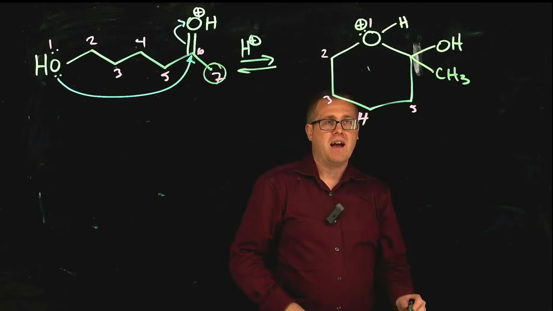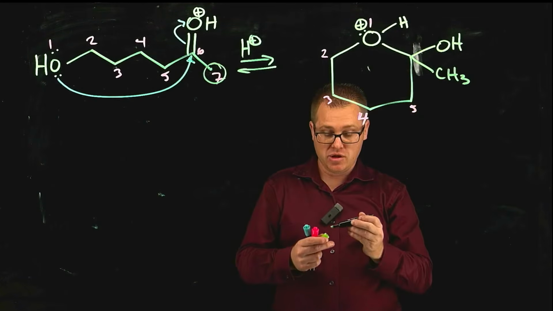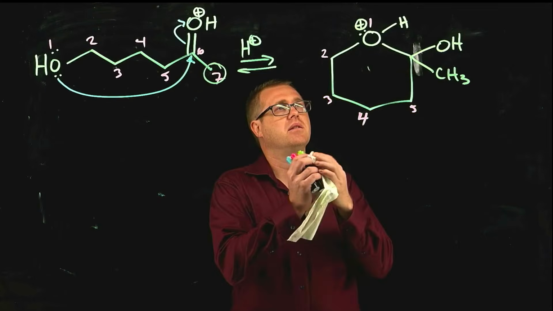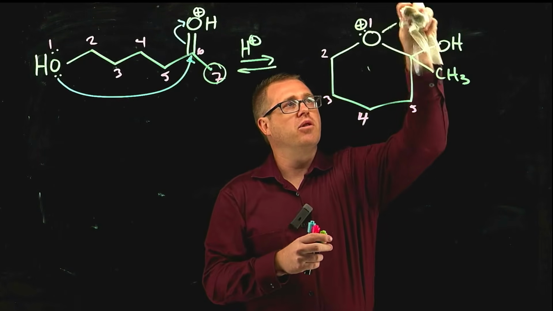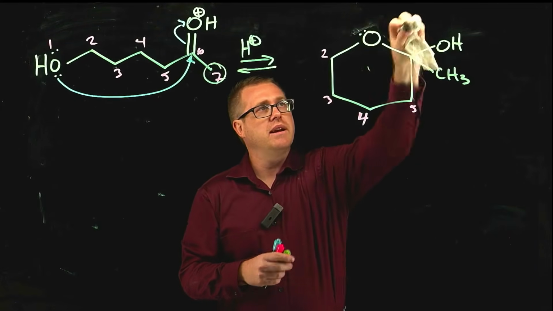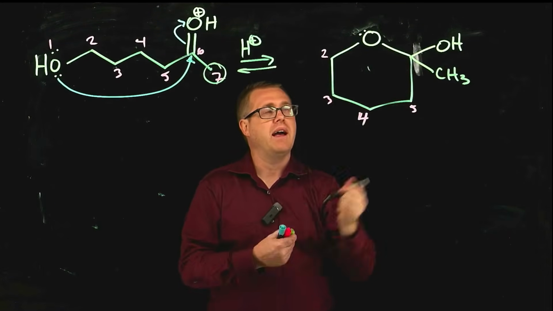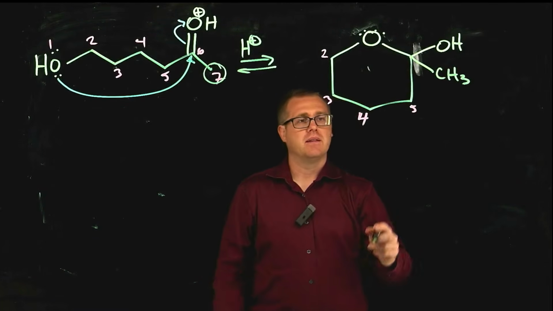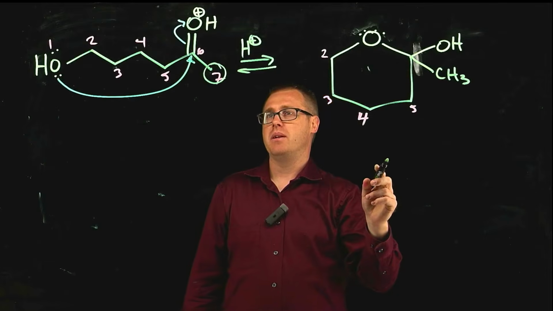And then what's going to happen? We're going to do another proton transfer step to get rid of the protonated oxygen right here. So we'll do a proton transfer step to remove that. And there we go. This right here would be what?